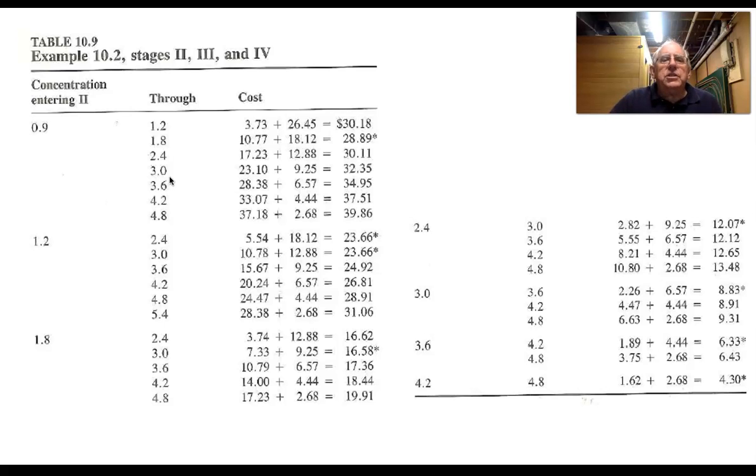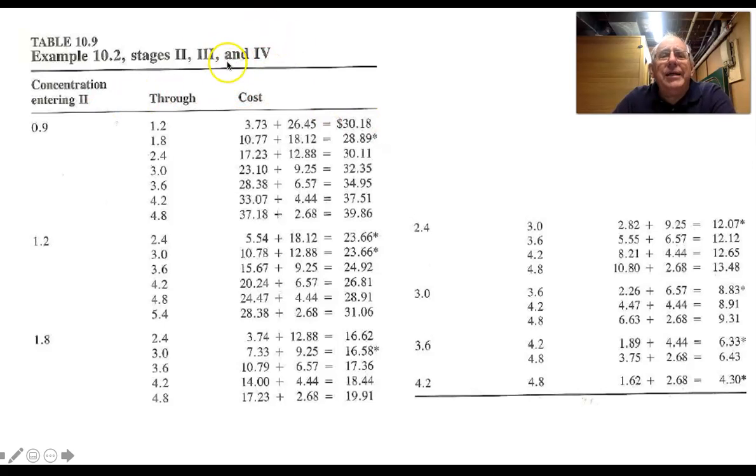And again, that concentration increase here costs this amount from the table. But then once we get to this point right here, we go to the previous table to go and get the optimum value. And we add that optimum value to the cost of the second stage, and that gives us then an optimum total for those 3 stages.